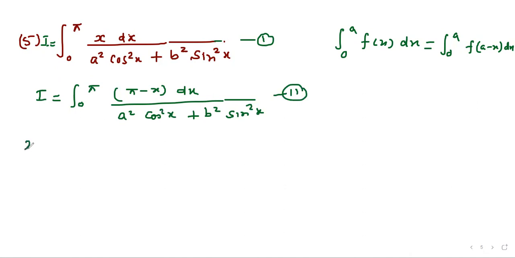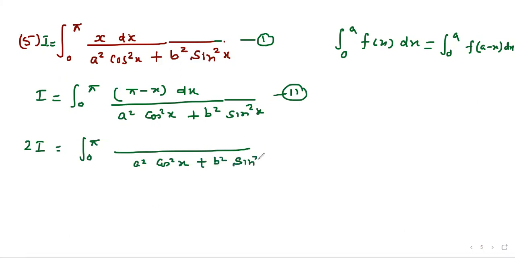On adding 1 and 2, we will get 2I equal to integral 0 to pi. Since denominators are same, so a square cos square x plus b square sine square x, and in numerator we will get x plus pi minus x dx.